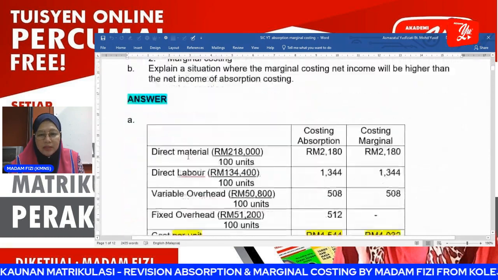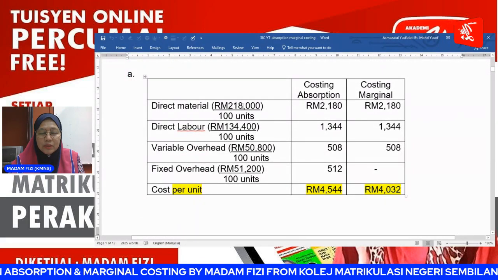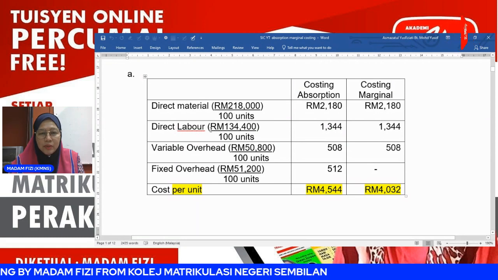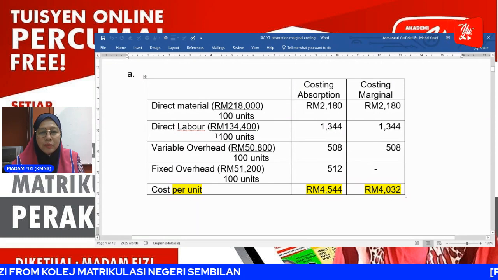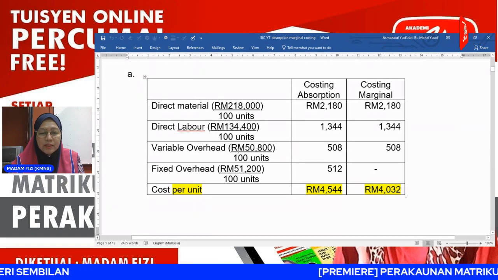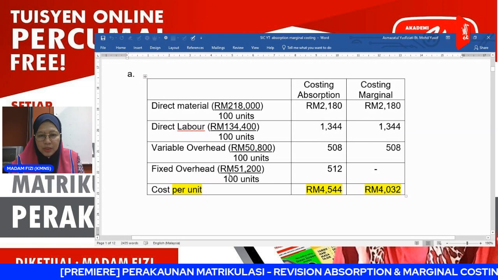So look at the answer. So for direct material 218,000 divide by 100. For direct labor 134,400 divide by 100 unit. Variable overhead is 50,800 divide by 100 unit, and fixed overhead also 51,200 divide by 100 unit.